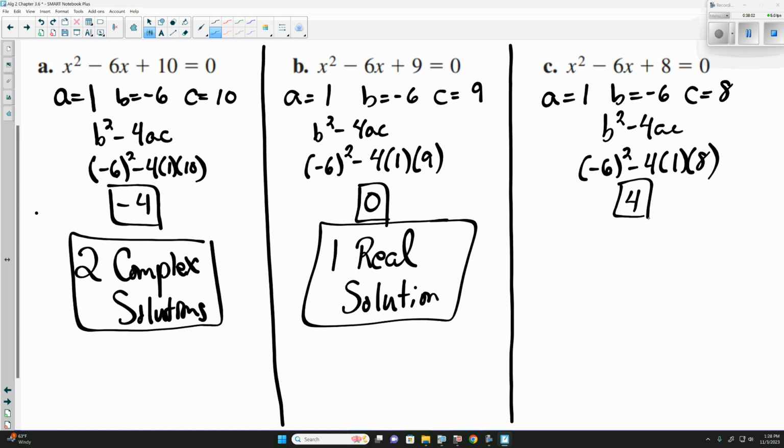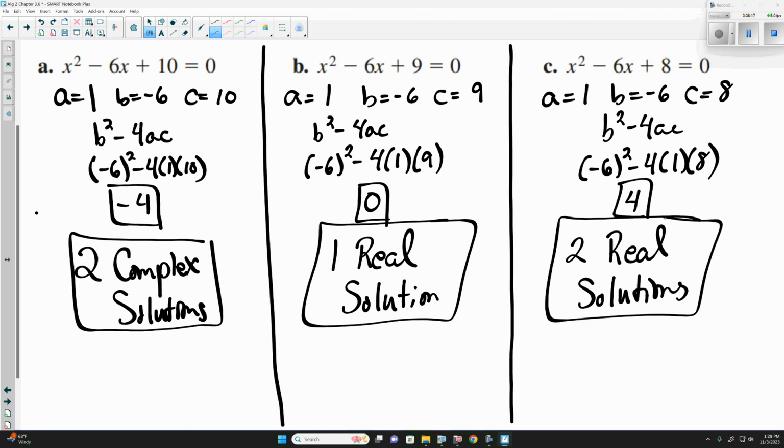Well, this time it is greater than 0. Yes, positive. So we will have two real solutions. And that's it. Imaginary would be the other. But I will take complex or imaginary, either one. Questions on this here?